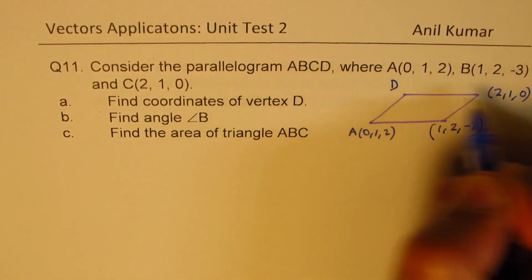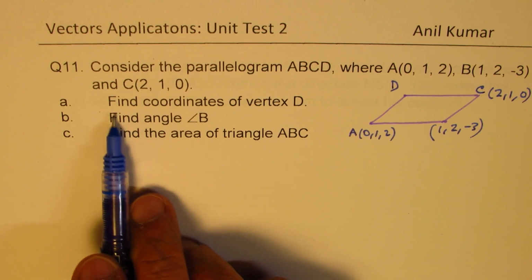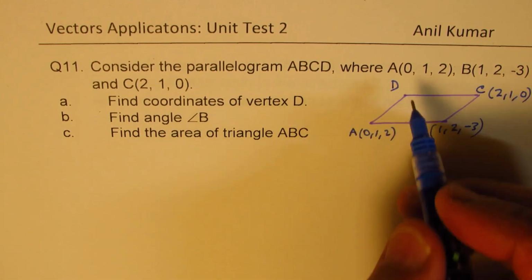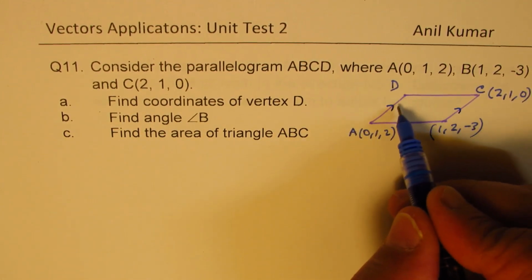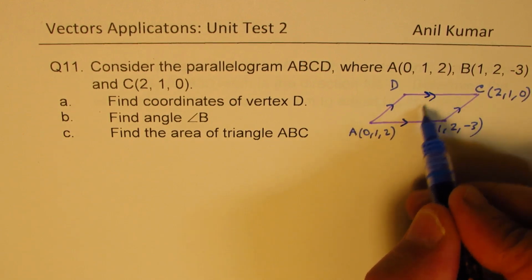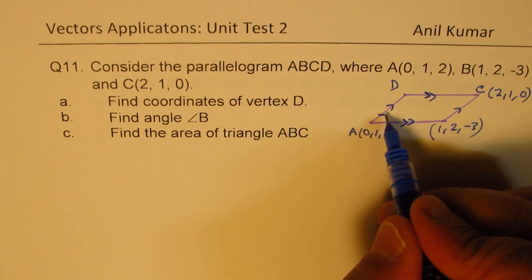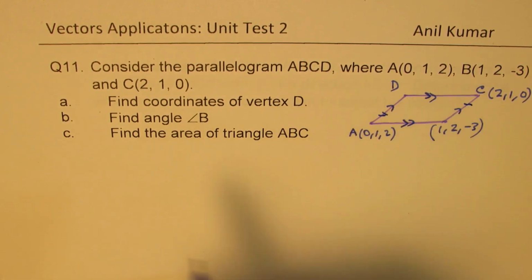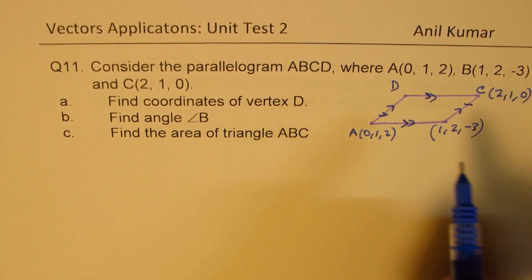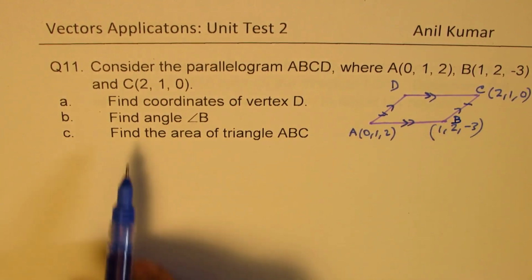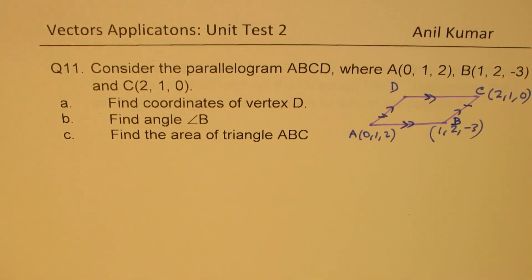So that is D, right? Find coordinates of vertex D. We need to find in this parallelogram the coordinates of vertex D. These sides are also equal and they are parallel. Find the angle B. We need to find this angle B. And find the area of the triangle ABC. So these are the three parts.